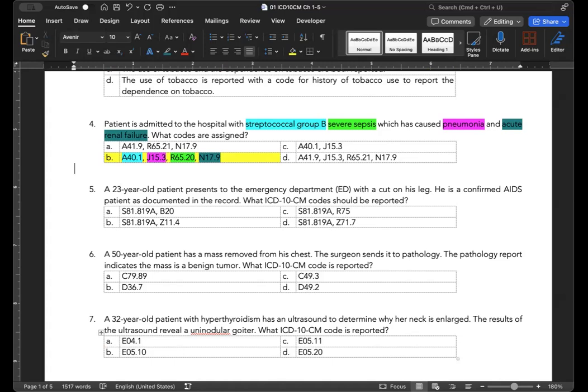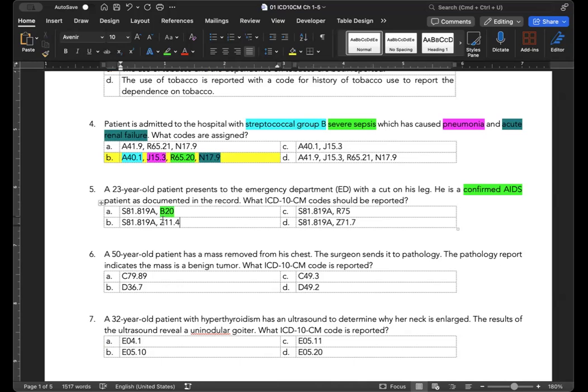If not, we can look it up. B20. Yep, B20. Okay. So also, again, from a test taking standpoint, we know our answer, right?